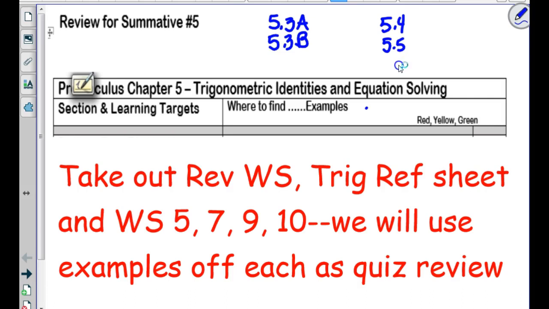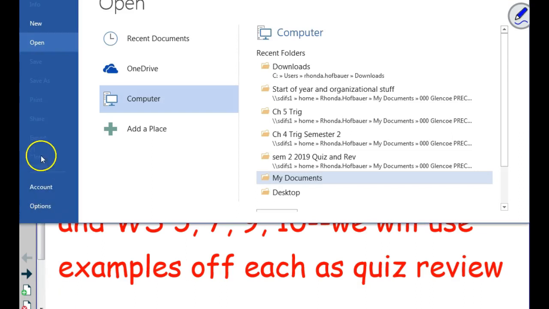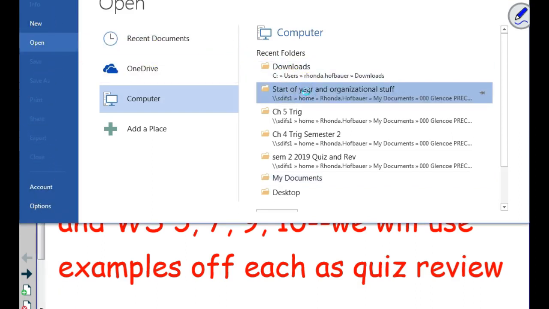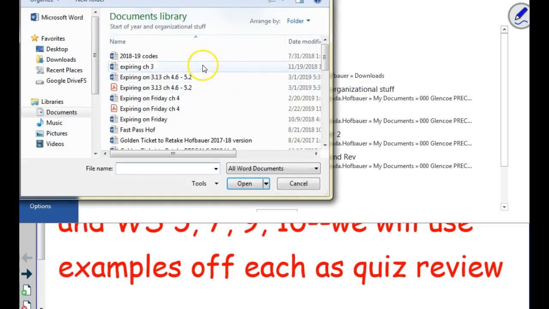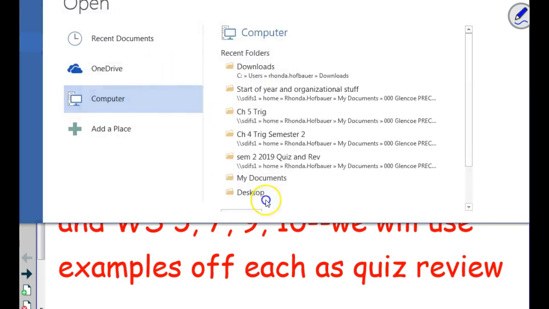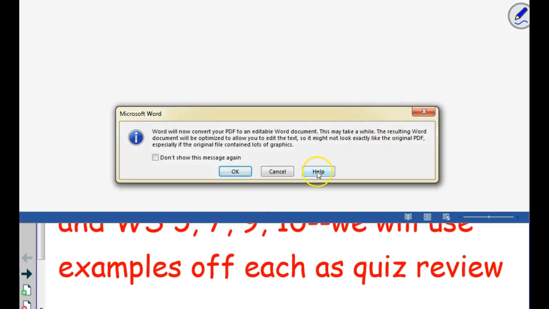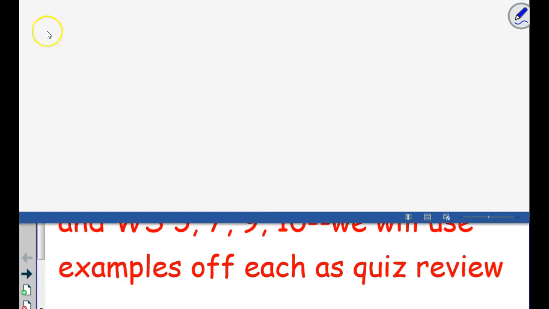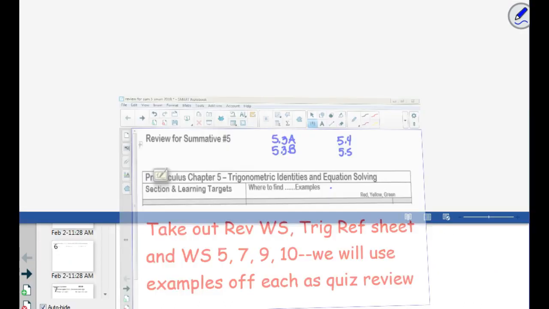All right. The sheet I passed out today has some newly expiring stuff. It's on the board.